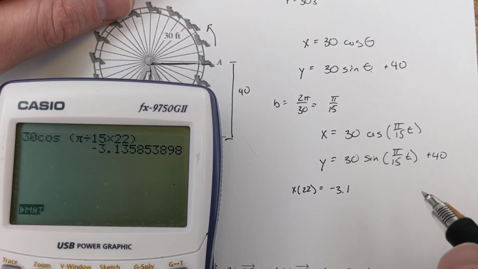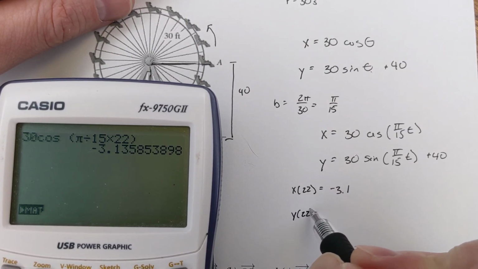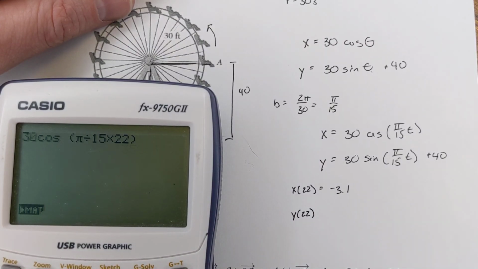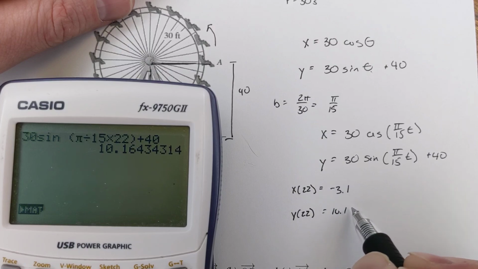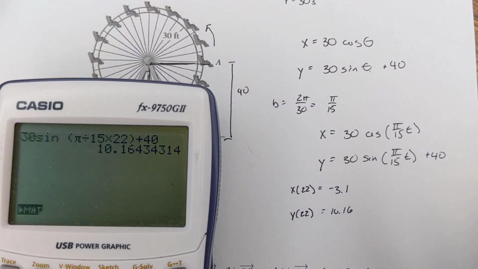And for the y equation, we would have 30 sine of pi over 15 times 22, plus 40, so 10.16.